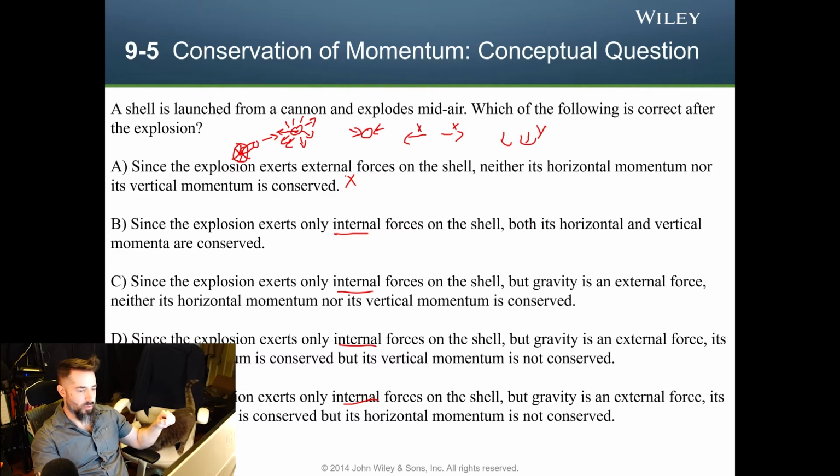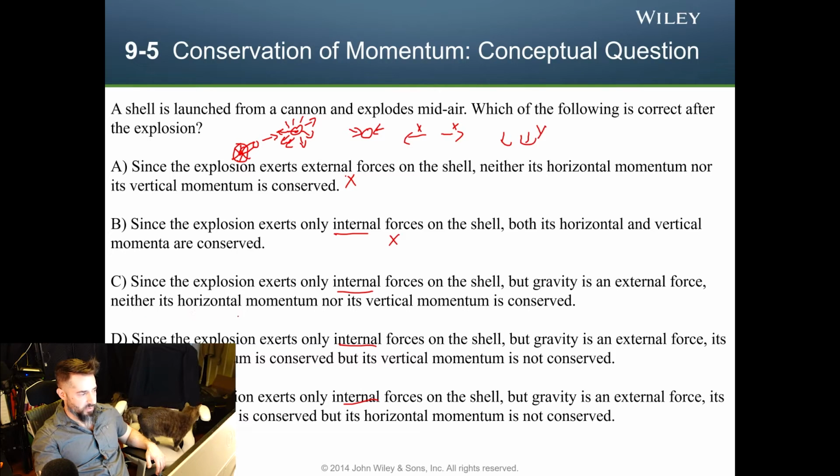If you break it up into horizontal and vertical components, the momentum must not be conserved in the y, because that's an external force. Gravity is an external force. But in the x direction, there is no external force, because gravity doesn't work in the x direction. So both conserved cannot be correct.